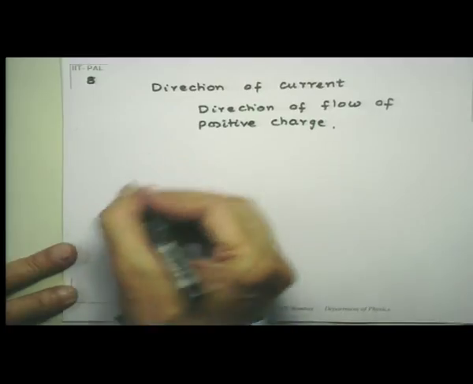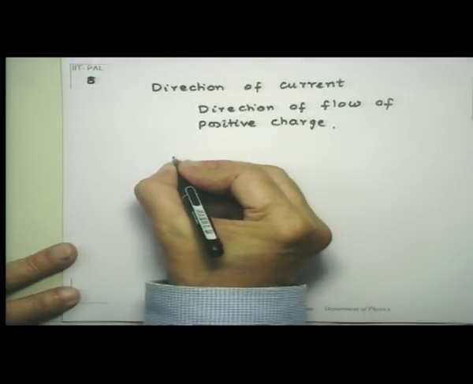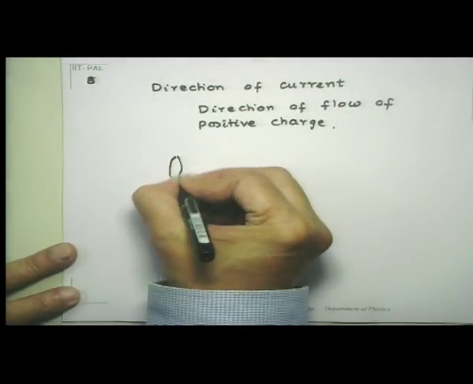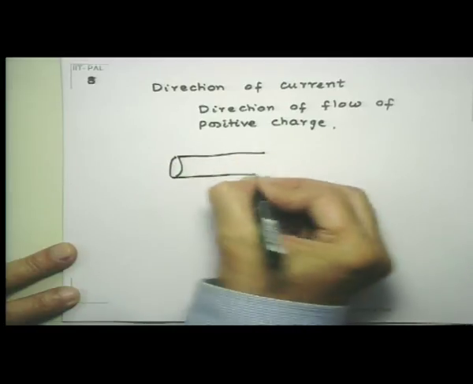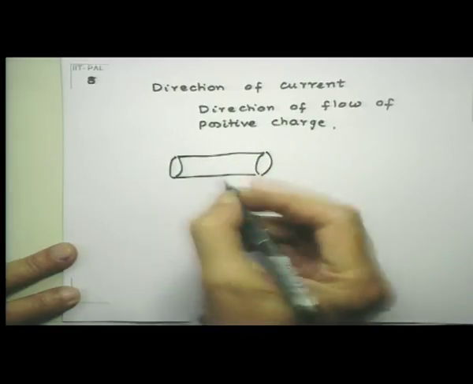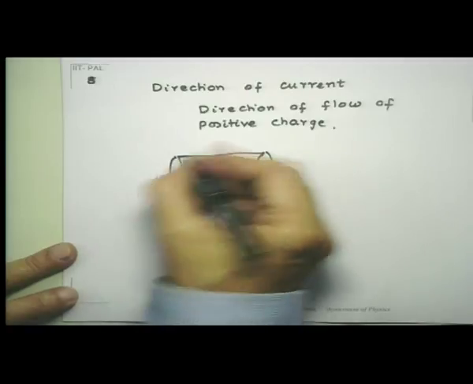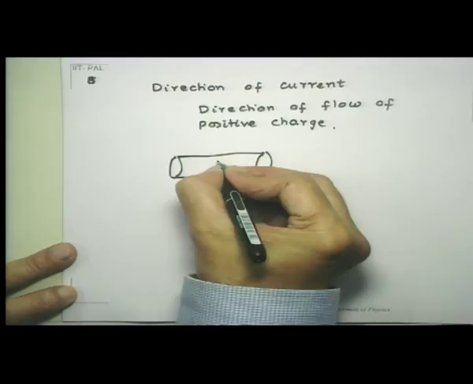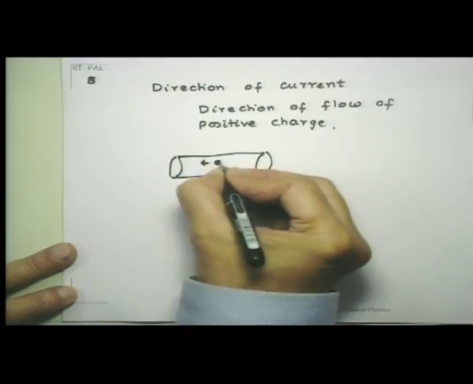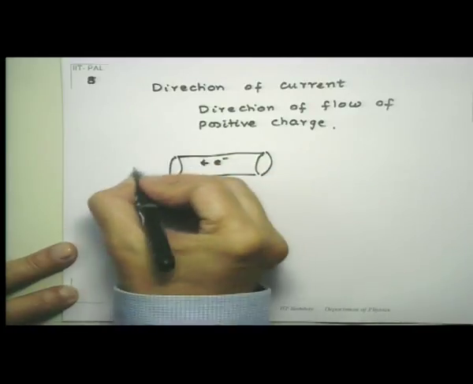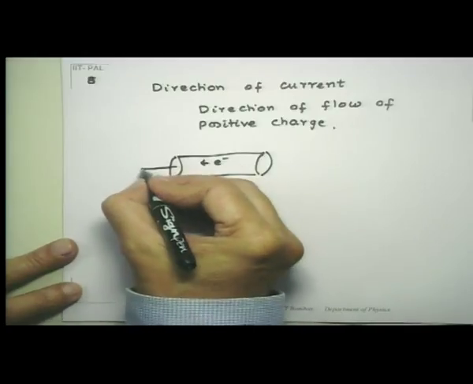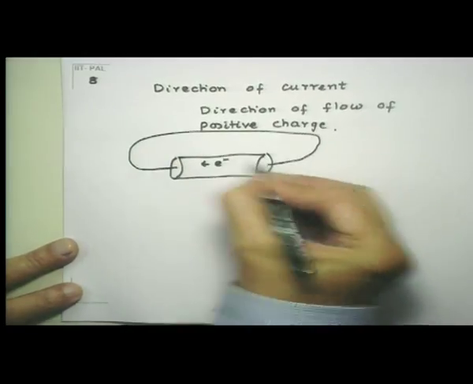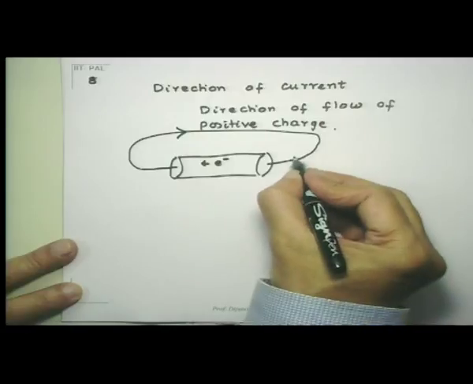So the picture that I gave you a little while back, I had this situation. We said that there are these electrons which are moving to this plate. So let me still show the electrons moving in, they are being removed continuously. So the electron is moving in this direction.